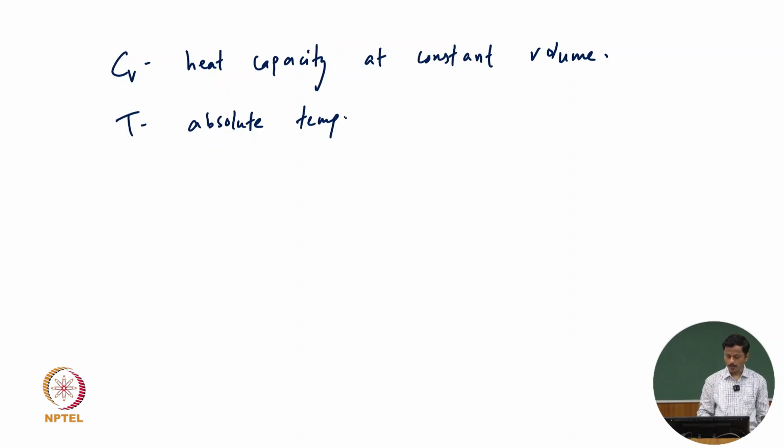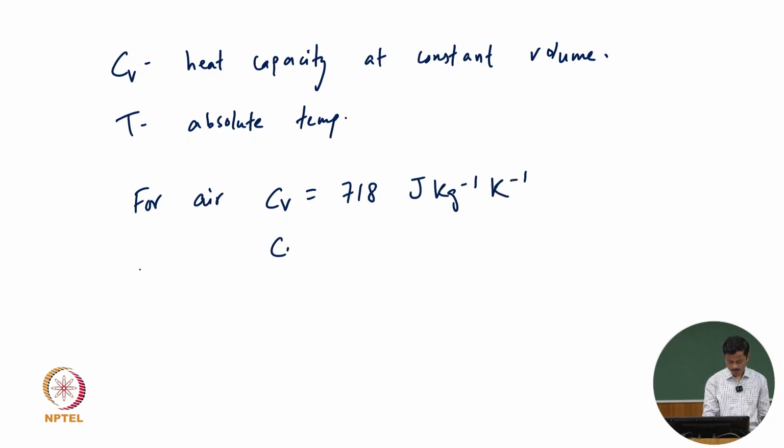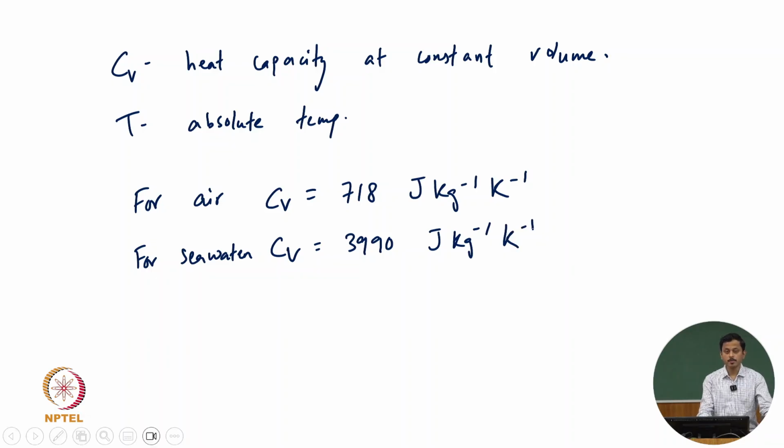So for air, Cv is 718 joule per kg per Kelvin, and for seawater, Cv is 3990 joule per kg per Kelvin.